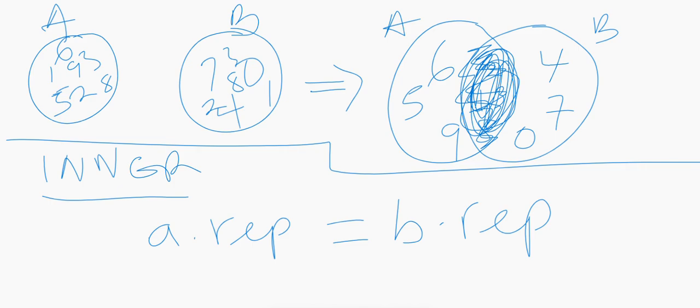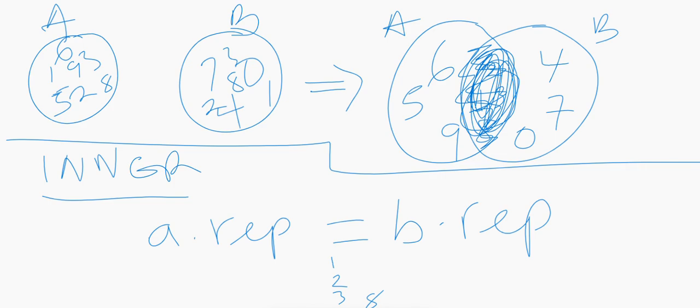And which records are we going to get? We are going to get 1, 2, 3, 8. So it's not going to give us 6, it's not going to give us 5, it's not going to give us 9, but it's going to give us 1, 2, 3, 8.